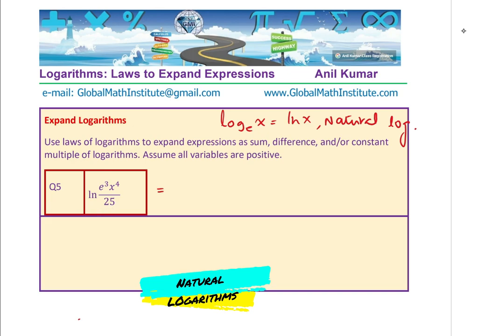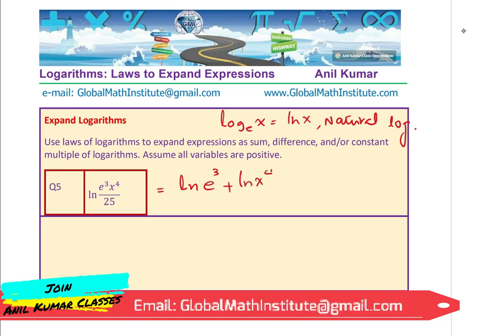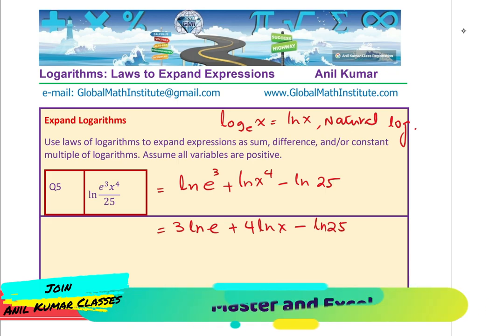This can be written as ln, right, e cube plus everything in the numerator comes with positive sign, right, x to the power of 4 minus ln 25. Clear? Now here, ln e cube is what? 3 times ln e plus 4 times ln x minus ln 25. Now ln 25 is a constant.